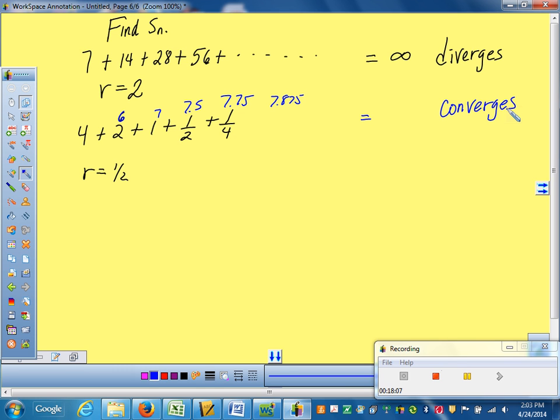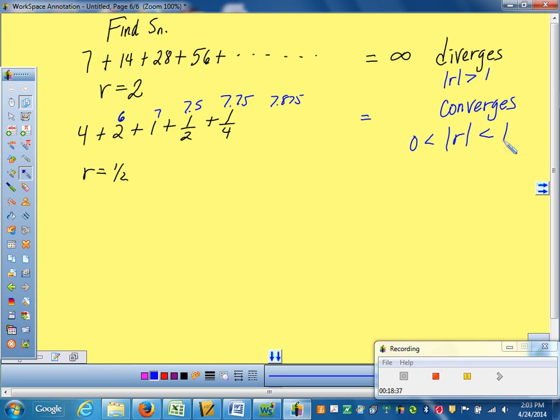It's all in your ratio. If your ratio is a number bigger than 1, doesn't matter if it's positive or negative, it's going to diverge. It's going off to infinity. But if your ratio is a fraction, somewhere between 0 and 1, it's going to converge. So all you have to do is look at your ratio, and you can tell. Is it going to go to infinity? Is it going to actually go to a number?